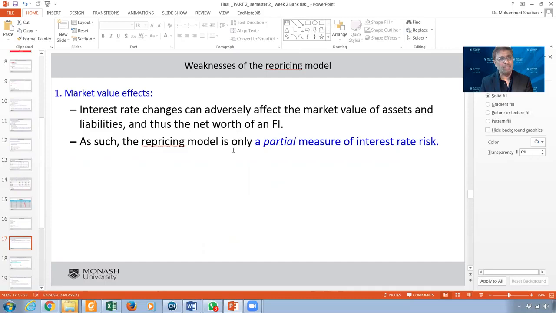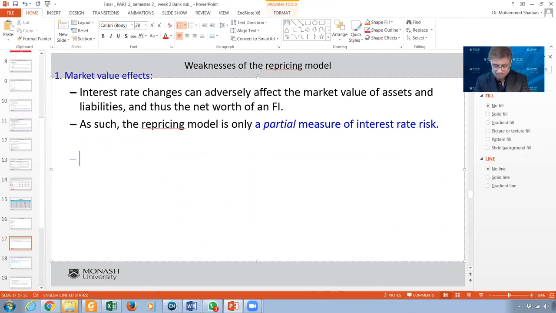As such, the repricing model is only a partial measure of interest rate risk, which takes care only of net interest income or the changes in net interest income.